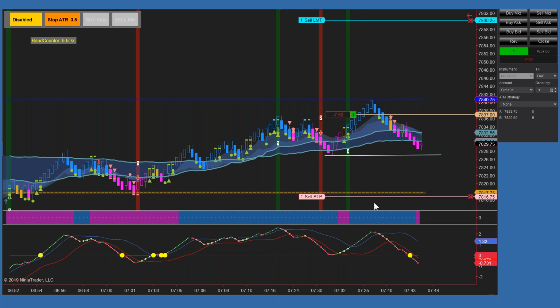Don't do this at home, but just for demonstration purposes, we'll see what happens if we violate the lows here. There's a better than 50-50 chance that the market will try to react a little bit more bullishly.